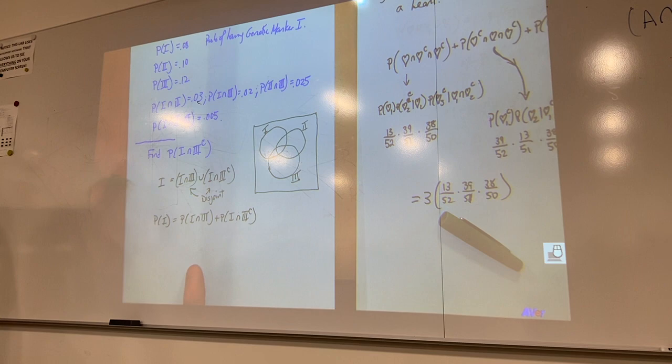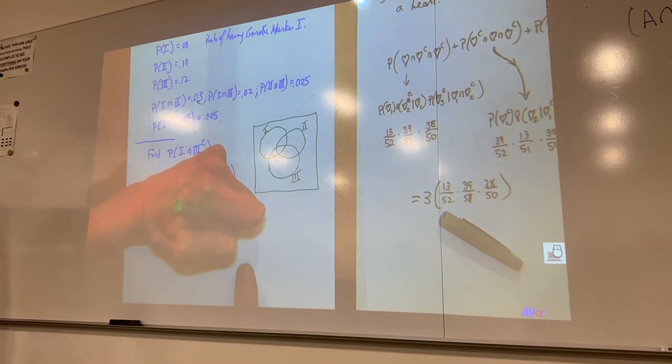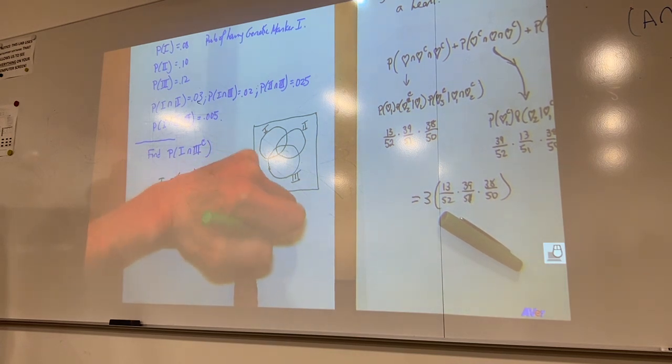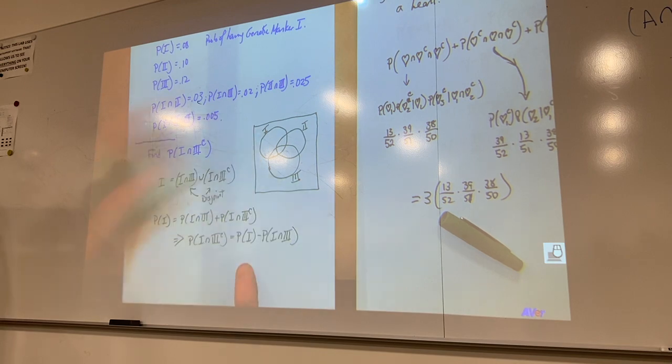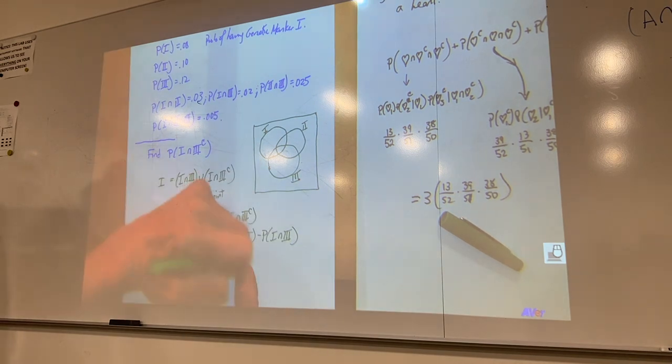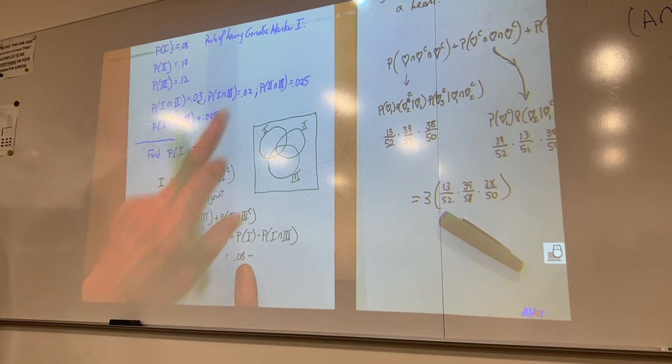And so the probability of 1 and not 3 is the probability of 1 minus the probability of having 1 and 3, or 0.08 minus, right there, 0.02.